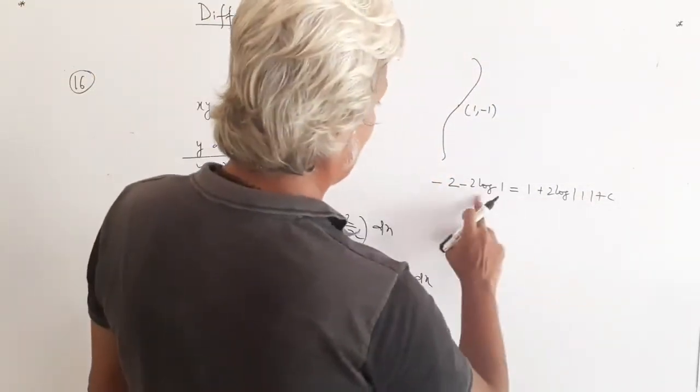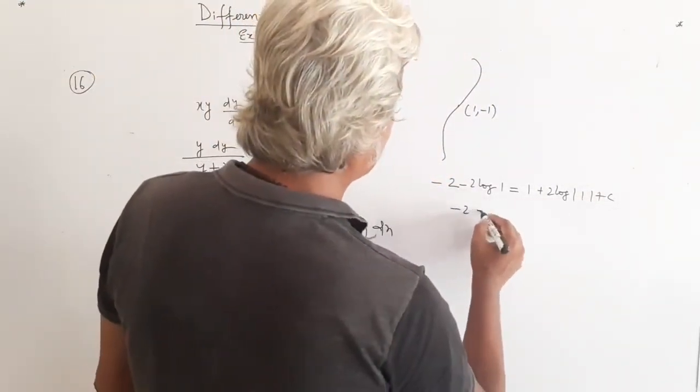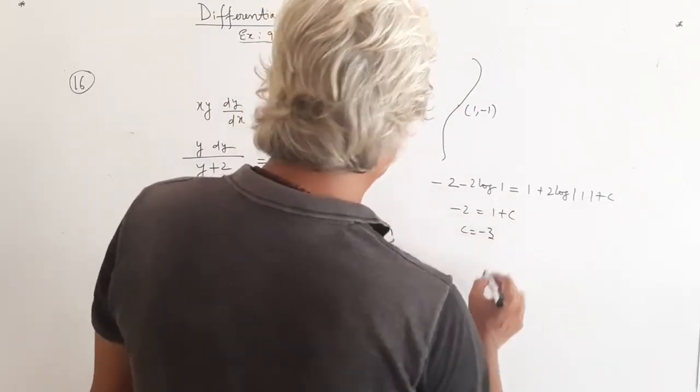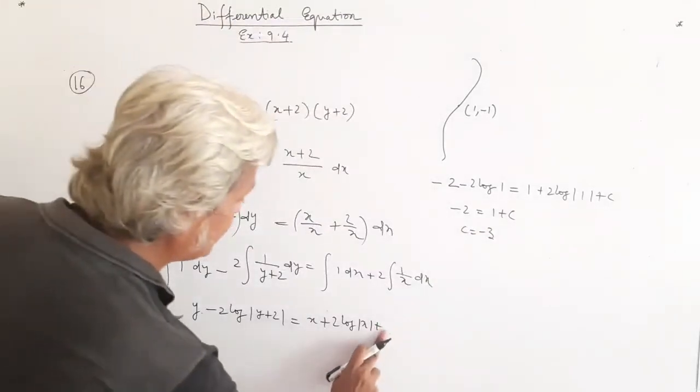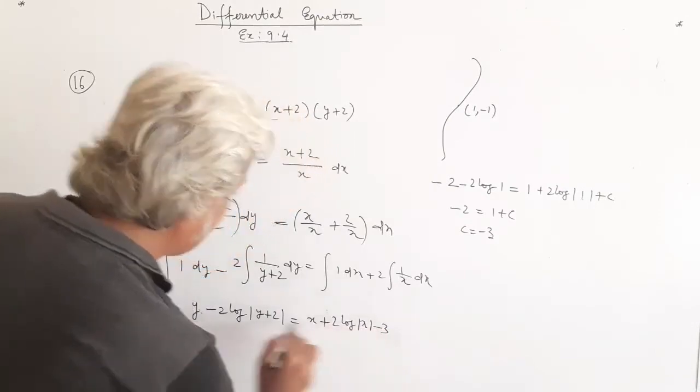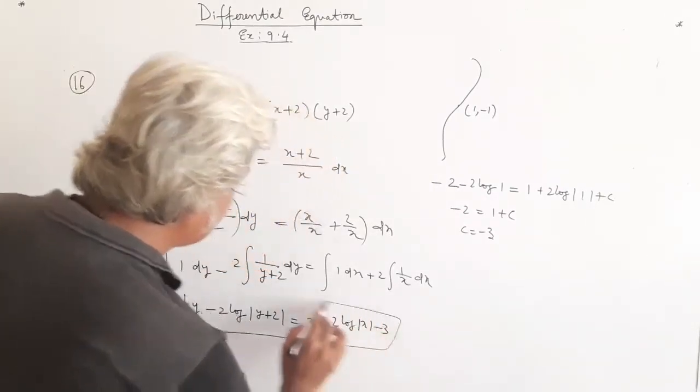So log 1 is 0, so we get -2 equals 1 plus c, so c is -3, and my equation here becomes y minus 2 log mod (y plus 2) equals x plus 2 log mod x minus 3, and that is my final answer for the curve.